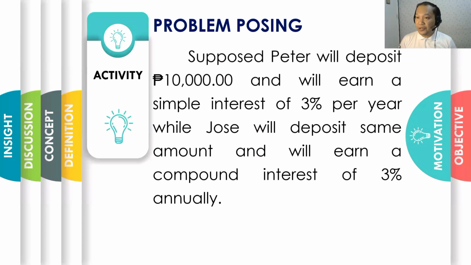Suppose Peter will deposit 10,000 pesos and it will earn a simple interest of 3% per year or per annum, while Jose will deposit the same amount and will earn a compound interest of 3% annually.